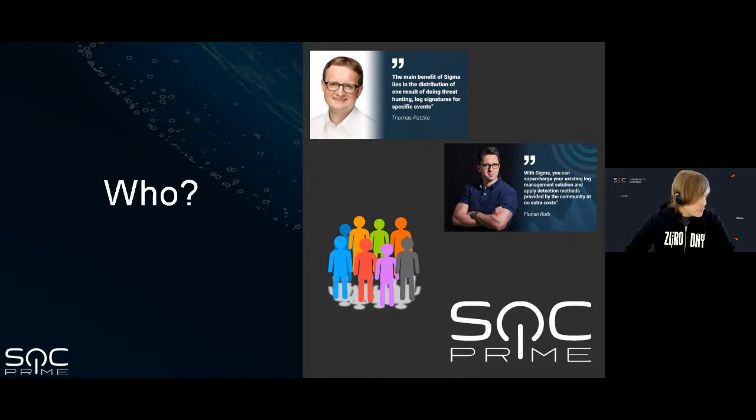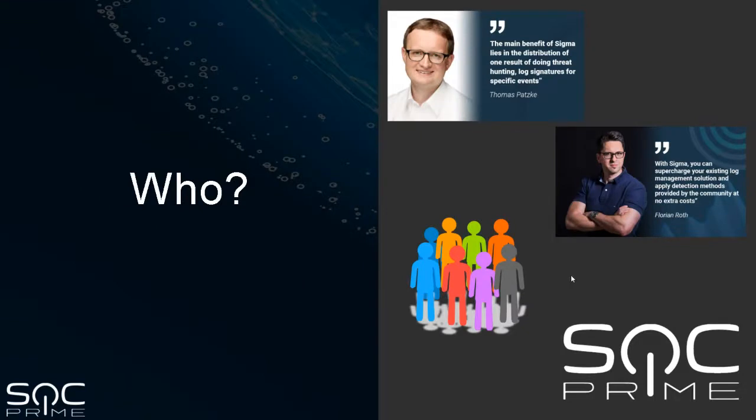So Thomas Patzke and Florian Roth are the main authors and contributors to the project. And of course, these rainbow people here stand for the community, because there's a lot of people, especially folks writing rules and configurations, and occasionally a backend or two.